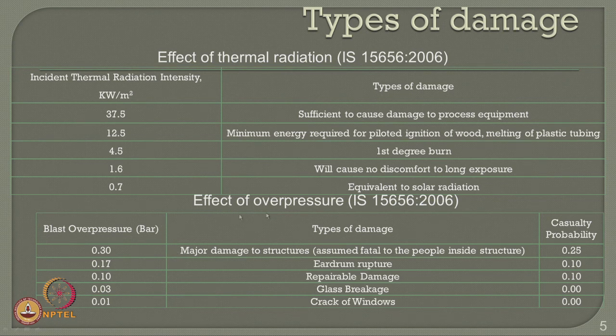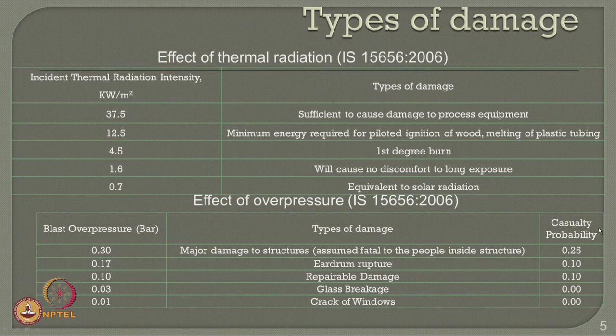Similarly, let us talk of the effect of overpressure on the plants, equipment and even the human body. We also see the blast overpressure variation in bar varies from 0.01, which will result in cracking of windows, whereas a very high value of 0.3 can cause major damage to the structural members, which can be fatal to the people inside the structure.